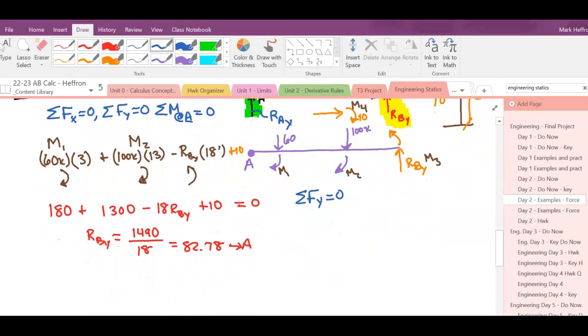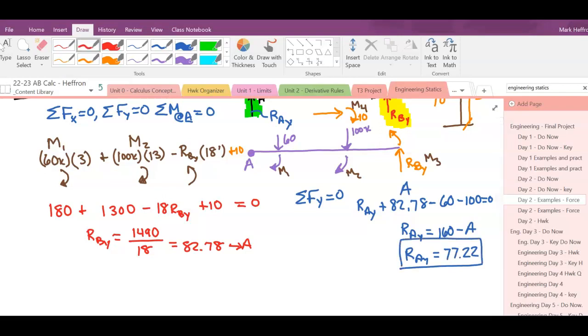So we'll say we have RAY, which we haven't found yet, plus 82.78, really this is just alpha A, minus 60 minus 100, and all that equals 0. So RAY is equal to 160 minus alpha A, which is 77.22.